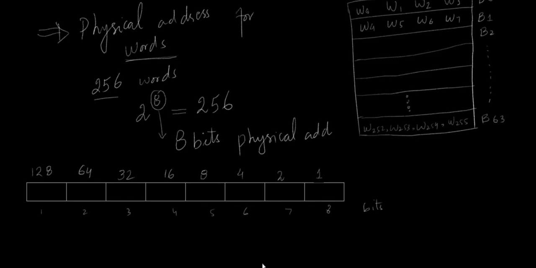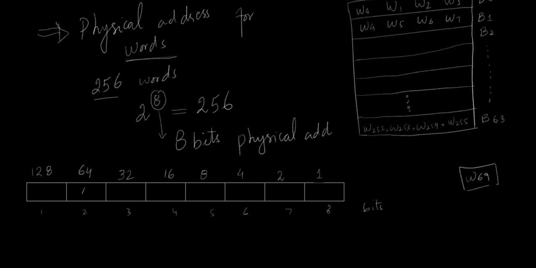Now, whatever the address inside this block is, it's going to tell me which word I am talking about. For example, if right now in the question I asked you about word 69, please tell me what's going to be the word 69. How will you make word 69 in these 8-bit physical address?